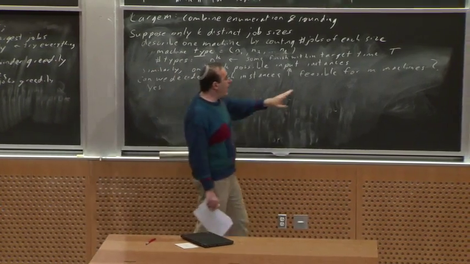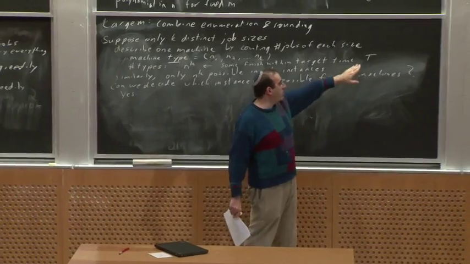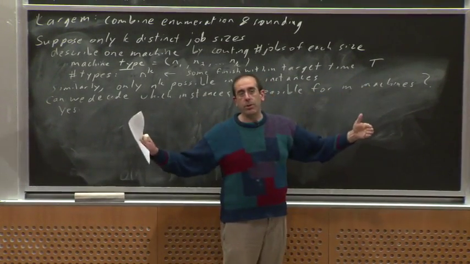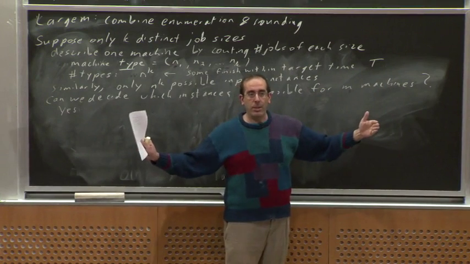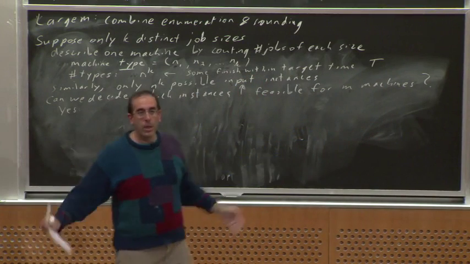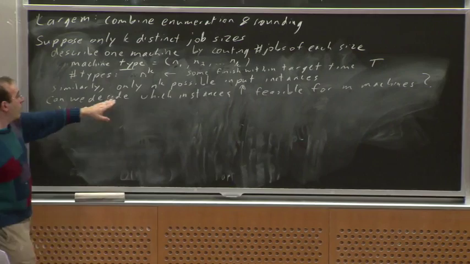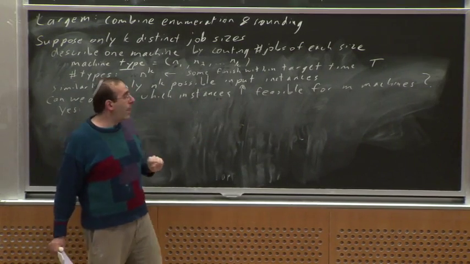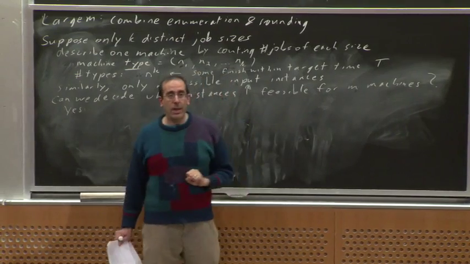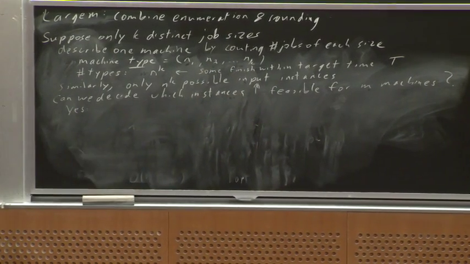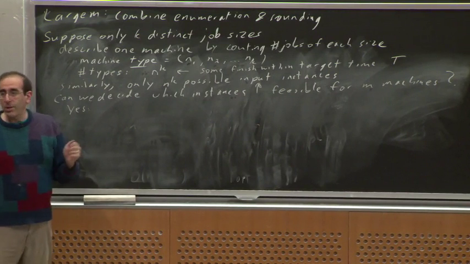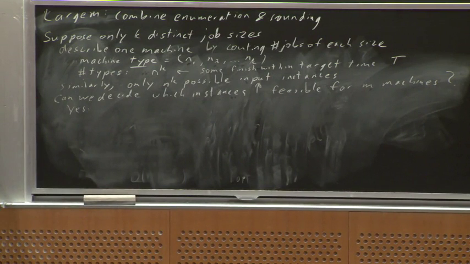So if I take m machines and give each of them a set of jobs that can be completed in time t, then I've created a schedule of some jobs that can be completed all in time t. Okay? Now the question is, for which input instances, which is a certain number of each kind of jobs, is it possible to define that sort of schedule of things that can be completed in time t? Okay. And we're going to answer that question using a dynamic program again.